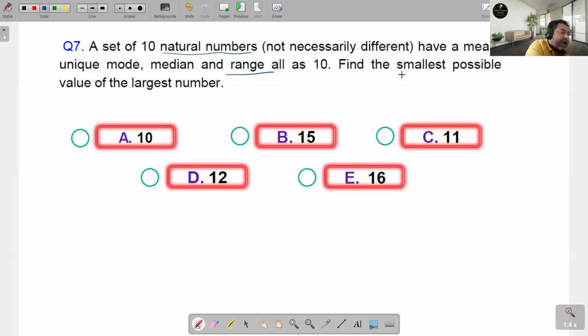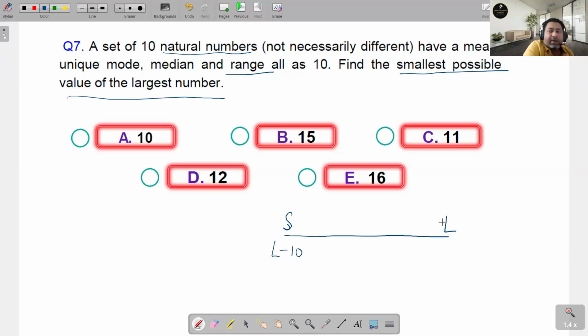So if you have to find the smallest possible value of the largest number, let's say this is the largest number L. The smallest number will be L minus 10, correct or not? Which means that the smaller the smallest number is, the smaller will be the largest number, because if this is S, this one is S plus 10. Correct.